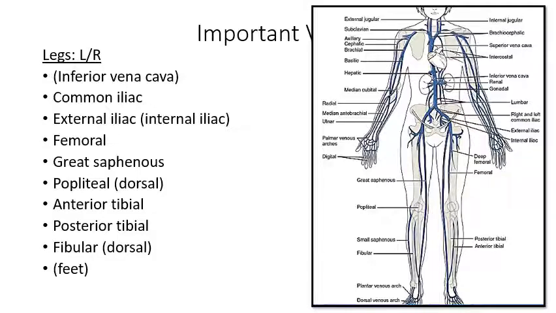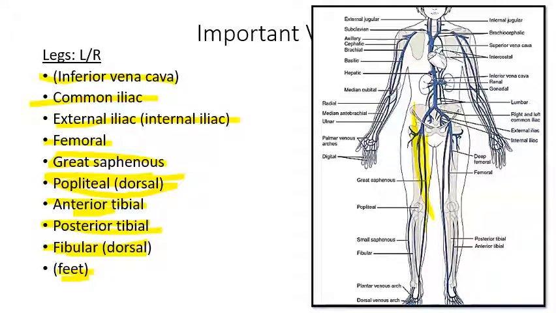Legs, you start from the feet, then you go up the fibular vein or the posterior tibial. It's all interconnected. It's an anastomosis. Anterior tibial, and then up into the popliteal vein, and then also into the great saphenous vein, which is a superficial vein that runs down the side of the leg, and then into the femoral vein, which runs basically in the same place that the femoral artery did in front of the femur, and then into the external iliac and the common iliac veins, and then up into the inferior vena cava.